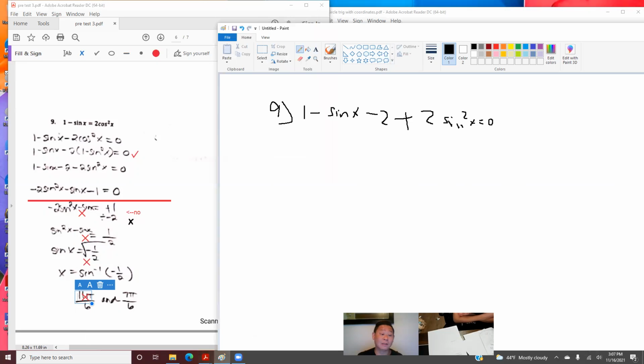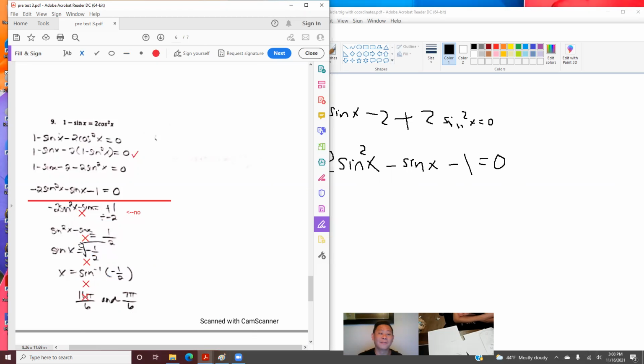Not because of this. You combine like terms, what do you get? 2 sine square x minus sine x minus 1 equals 0, right? Yep. Do not do this, Kelvin.